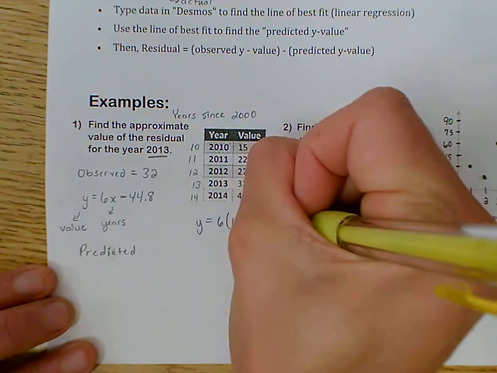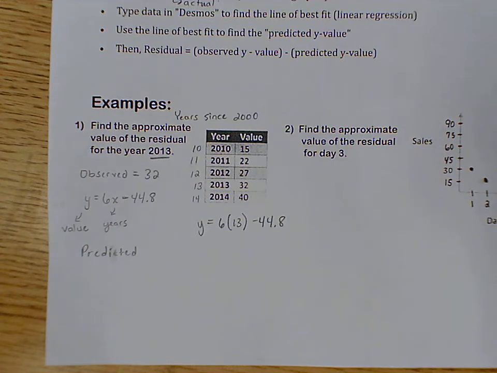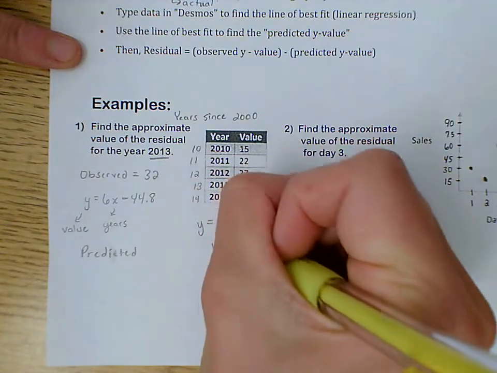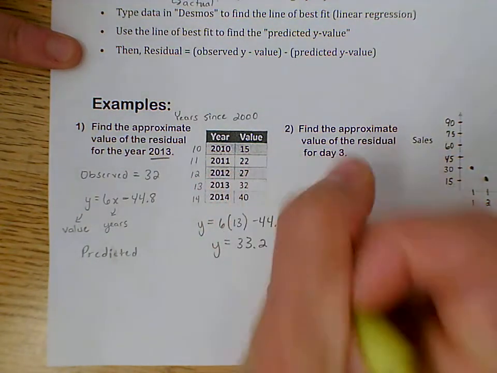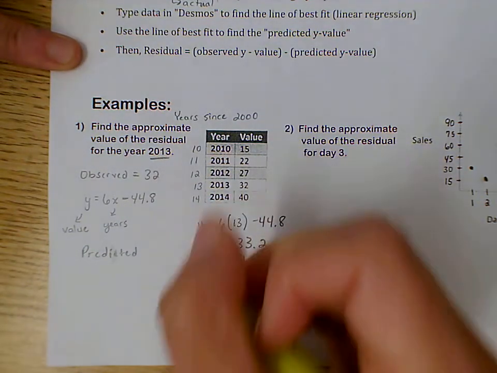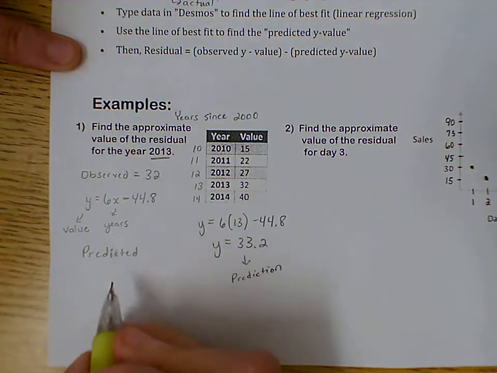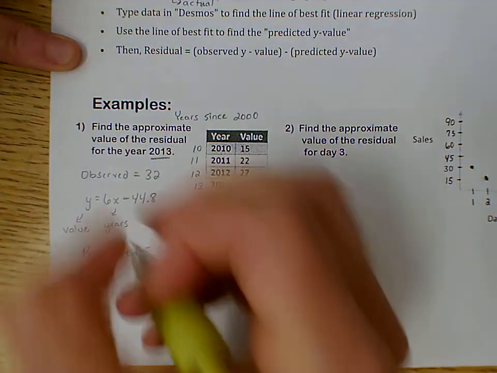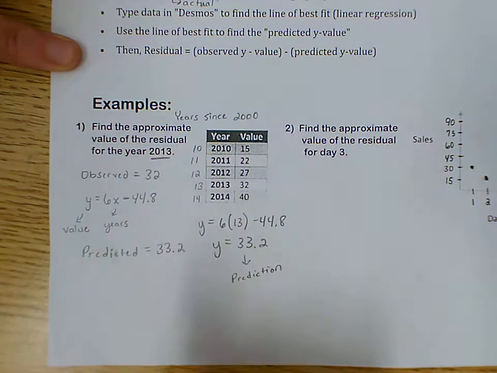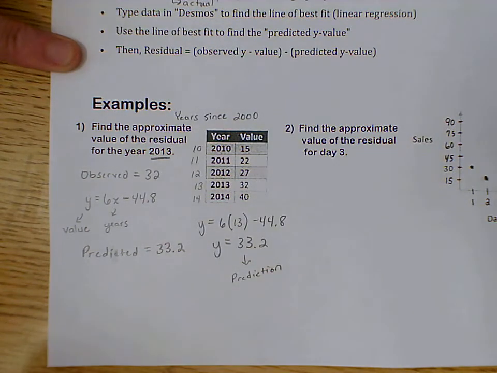So all I'm going to do is plug it into the equation just like that, and then you can use Desmos or a calculator to type that in. And when I type that in, my Y value ends up being 33.2. So when you use the line of best fit equation, what you are doing is finding the prediction at that point in time, okay? So this would be the predicted Y value. We would think, based on the line of best fit, that in 2013 they would have made $33.20 or something like that, okay?